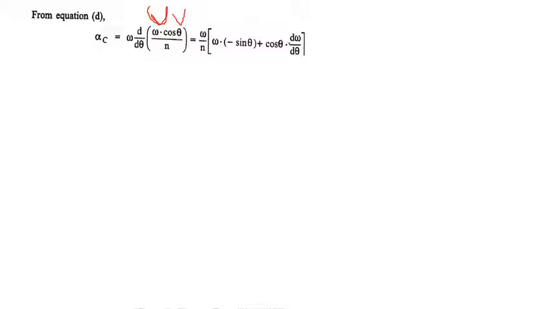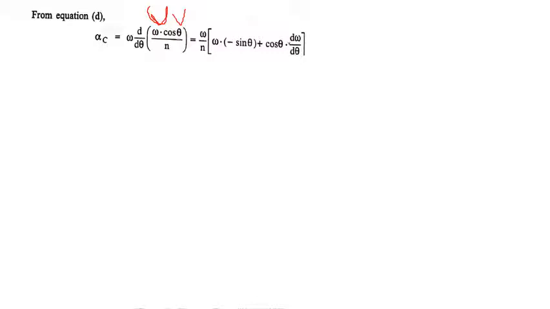Here omega and n are constant. We are keeping them outside. Then while differentiating, first I will take u as it is. I'm not differentiating this u term, so write it as it is. Then differentiation of cos theta is minus sin theta. The next is plus. I will keep this v as it is.